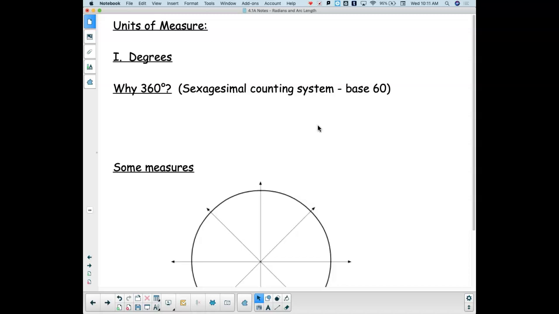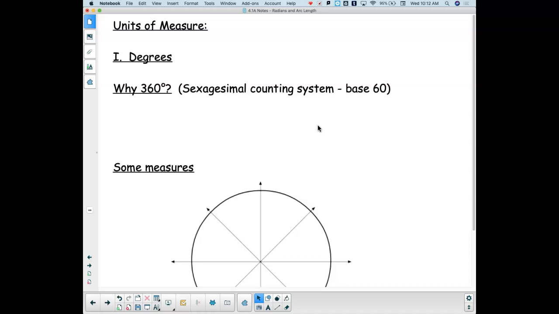It's a base 60 counting system. And the reason that it's a base 60 counting system is because so many numbers can go into 60 relatively nicely. If you think about numbers that can go into 60: 1, 2, 3, 4, 5, 6, 8, because that would be a relatively easy one. 8 is what, 7.5 when it goes into 60?